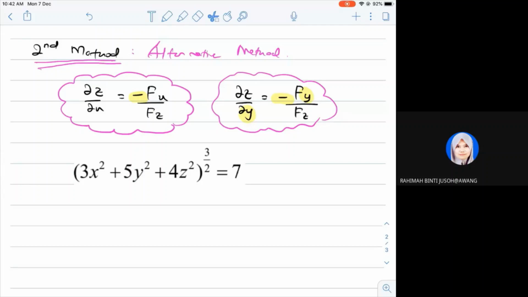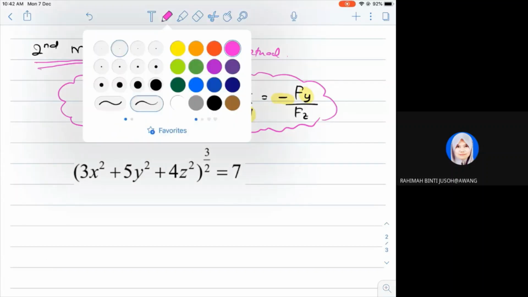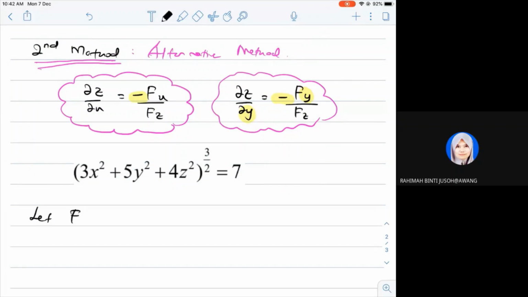Okay, so first step, you have to let capital F x, y, z. Okay, capital F, X, Y, Z. Kenapa X, Y, Z? Sebab dalam ni ada ketiga-tiga variables tu, X, Y, Z. Okay, so we F, X, Y, Z equals to 3x squared plus 5y squared plus 4z squared to the power of 3 over 2. And then minus 7, equate this with 0.